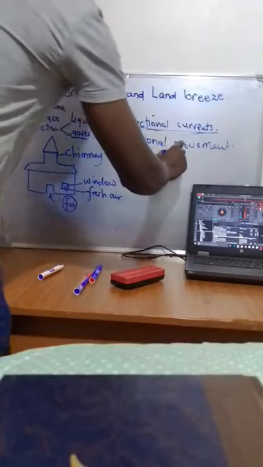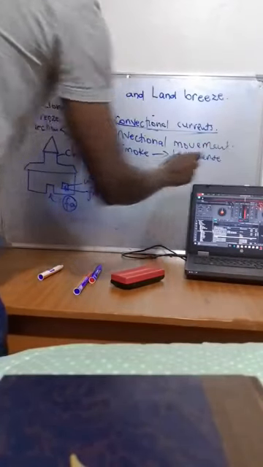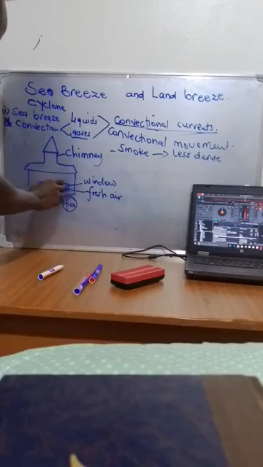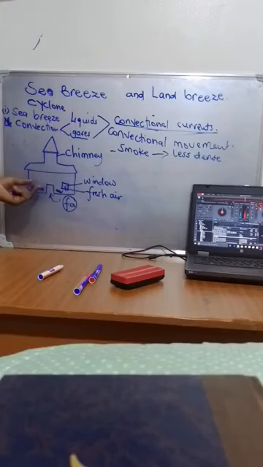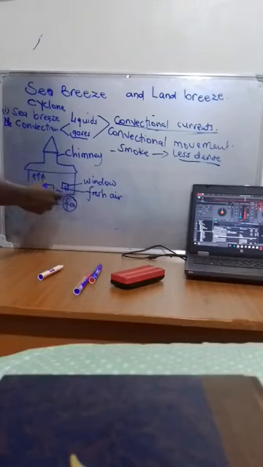But at this point, the cooking is taking place at the lower section here. When smoke is produced, it will have to move up. Why? It becomes light. Smoke is light. So it moves up, and it's going to be replaced by the fresh air that enters.